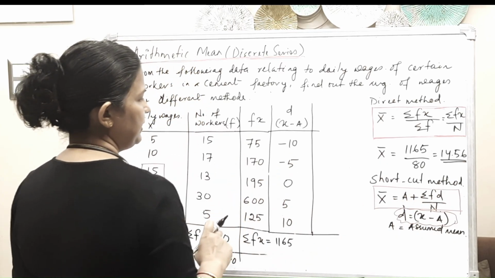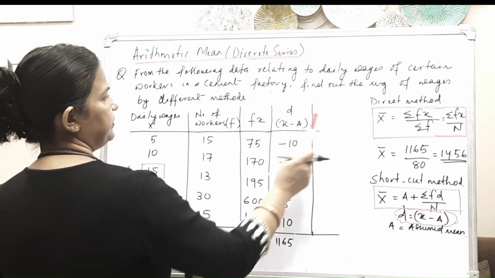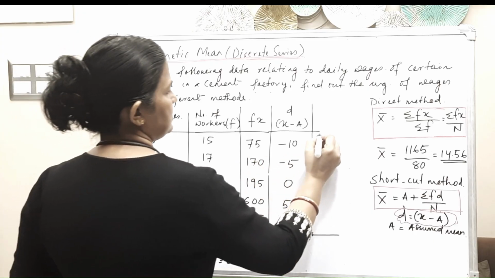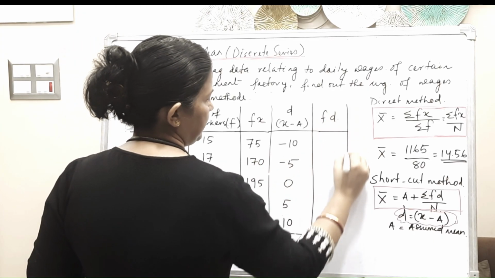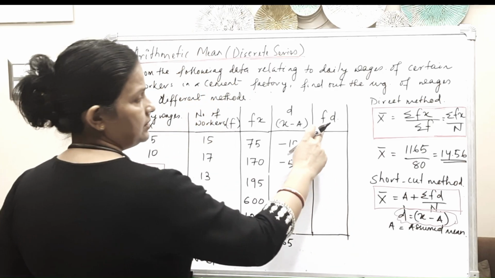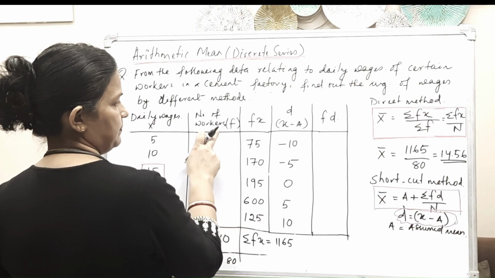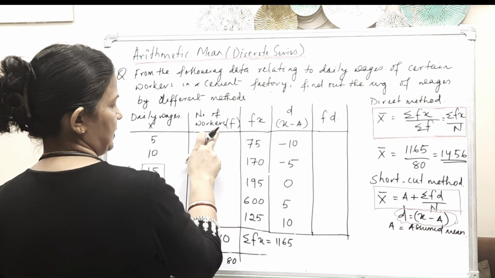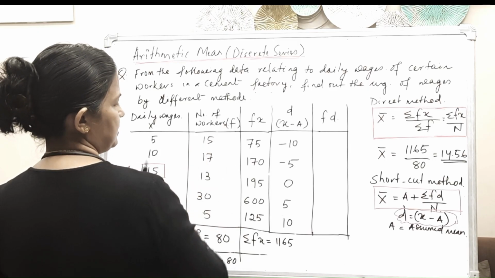So how we can find fd? Don't be confused fx with fd. Fd is f into d, means we are multiplying the deviation with the frequency.